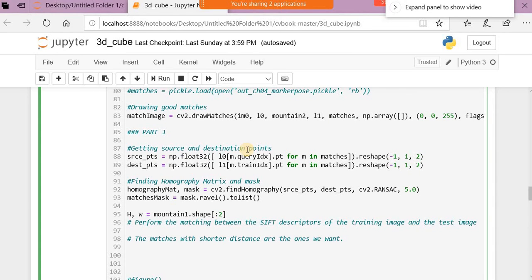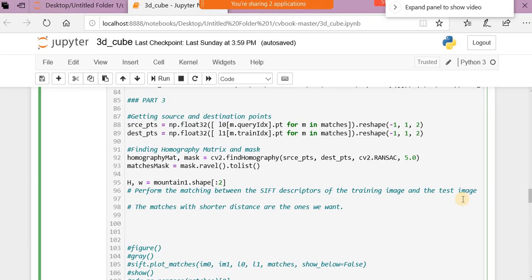Now for the homography, as I told you, we will take 2 images and match the key points between them. For the first image I am taking the source points, and for the second image I am taking the destination points as my variables. For the source points I am taking only the key point detectors, that is L0 from the first image, and from the second image key point detectors L1. So I am not taking the descriptors, only the detectors.